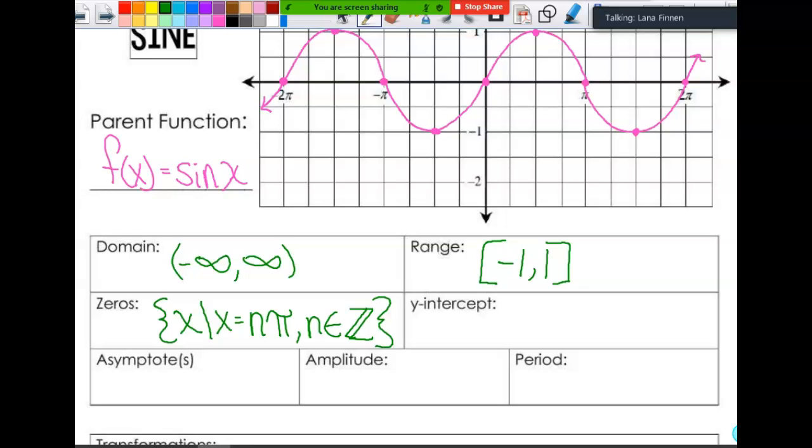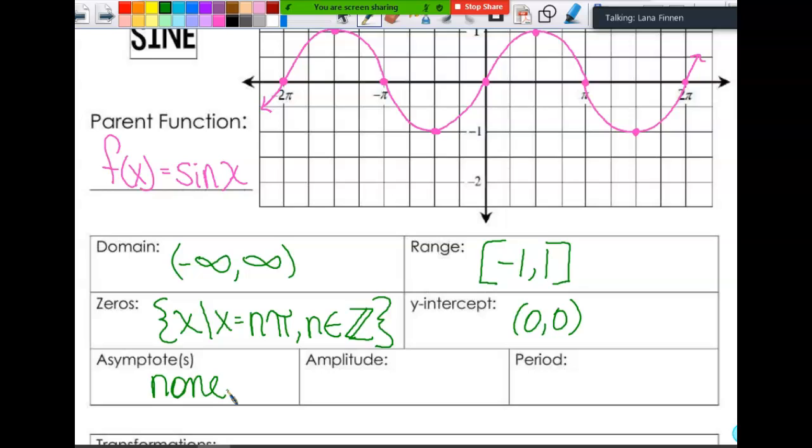All right, what's my y-intercept? 0, 0, good, because it's an intercept. Asymptotes, there aren't any. Amplitude, okay, so that's a term that you don't know. You shouldn't know at this point. We'll actually define it in words tomorrow.